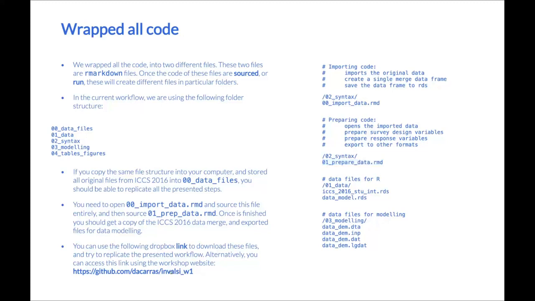If you go to the workshop website, you can download the critical files to try to replicate this entire process. If you have R installed and you follow the instructions for installing the critical libraries, you should be able to just execute the first file and the second file and produce all the results that I have just showed you as an entire workflow.